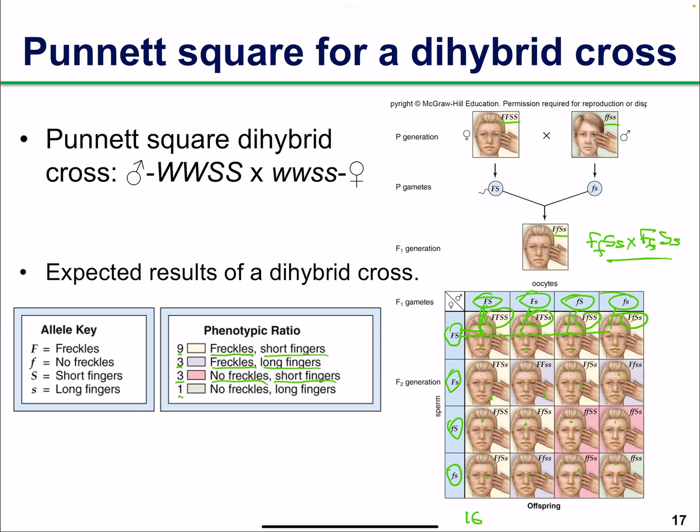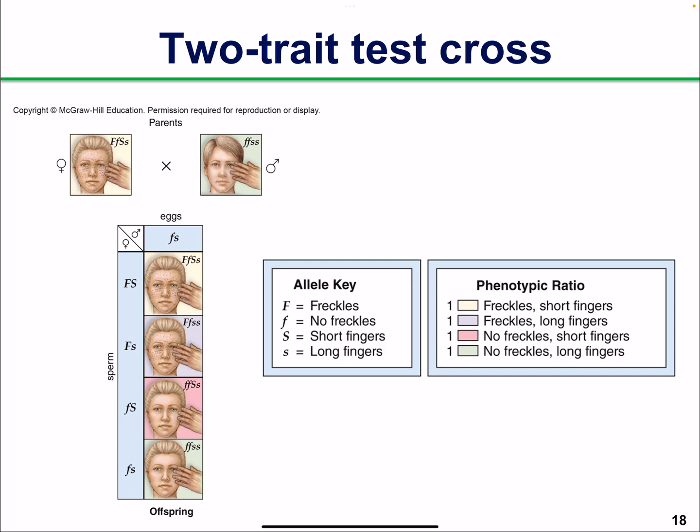And 1 out of 16 is going to have no freckles with long fingers. All right? So this is the case of a double hybrid, right? Okay? So that's what we obtain.